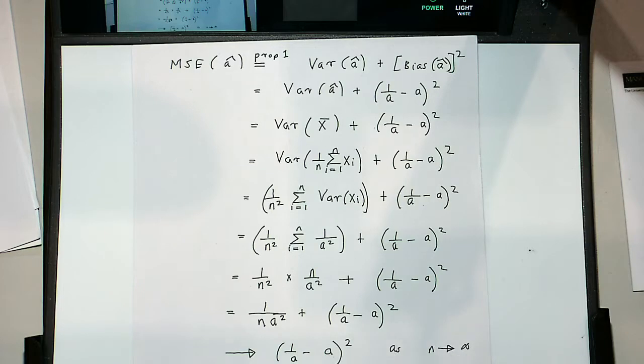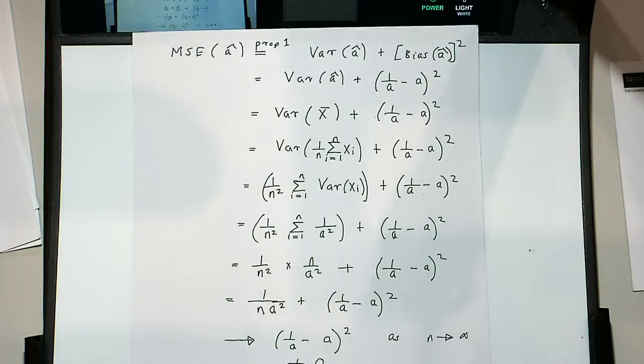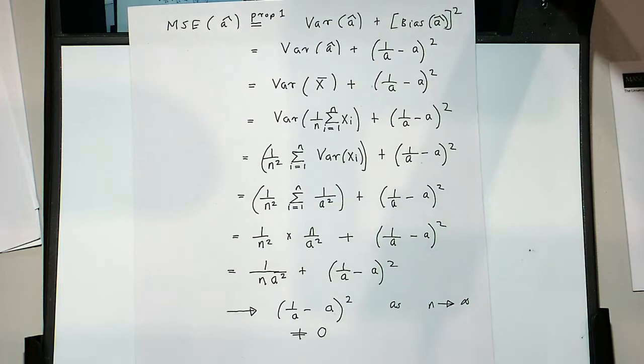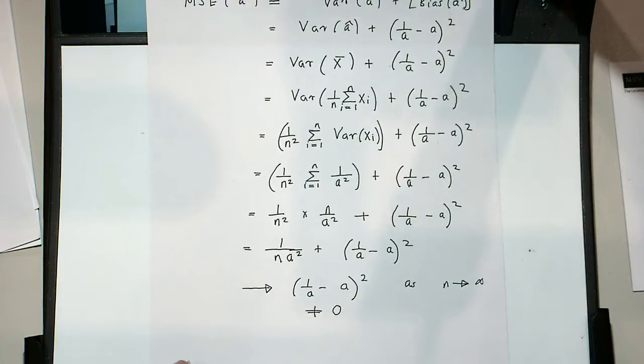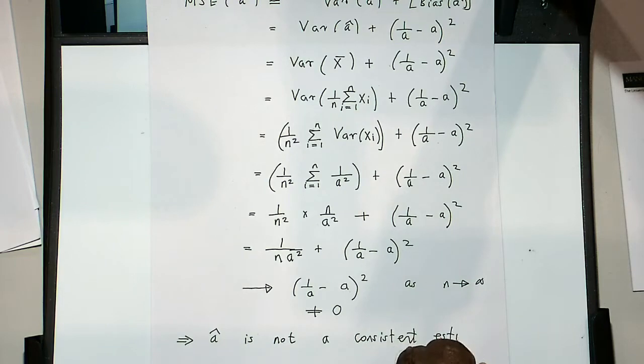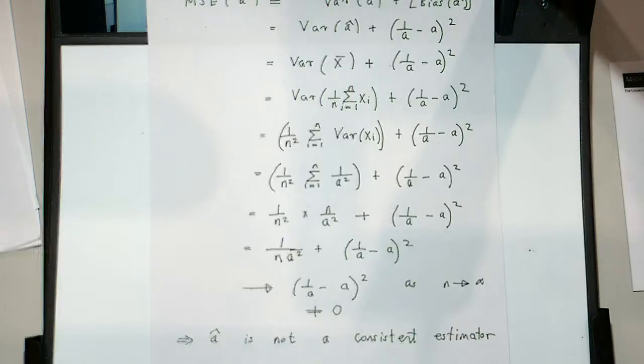All right, and this is clearly not equal to 0, unless a is equal to 1. So this implies that a hat is not a consistent estimator.